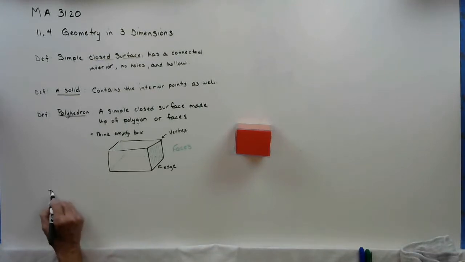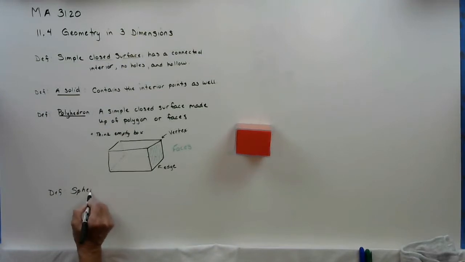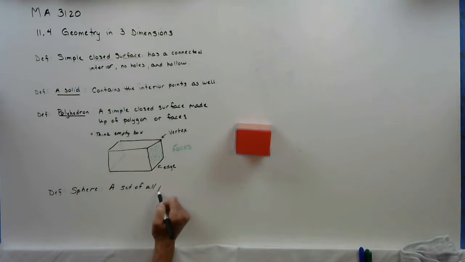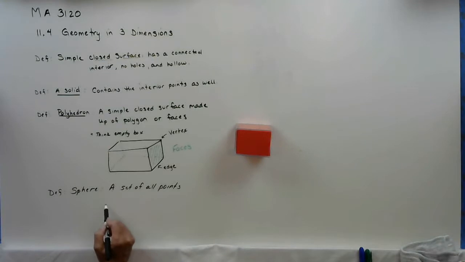And then while we're at it, let's go ahead and talk about the definition of a sphere. A sphere is a set of all points equidistant from a center.